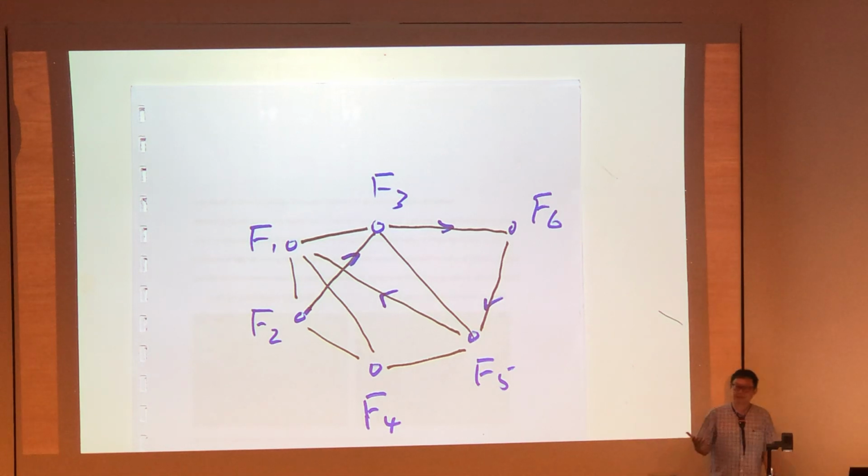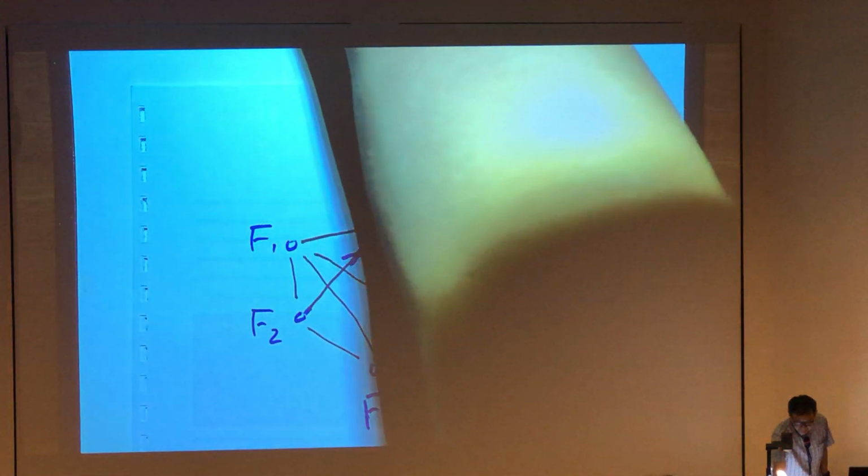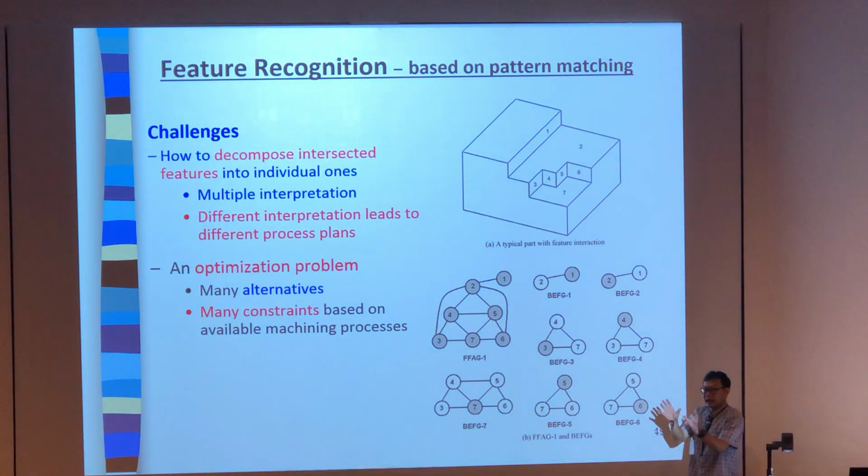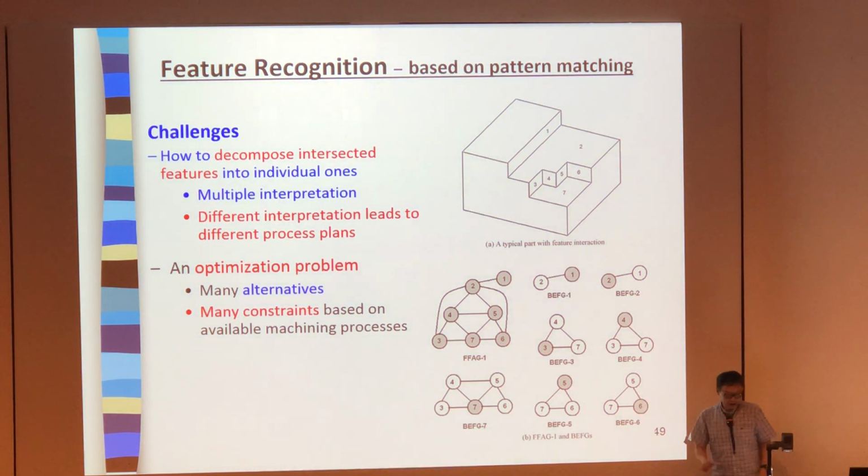But there is a problem here. In the TSP problem, there's no such issue. But here we do have what we call the precedence relationship, which is a kind of constraint. In some cases, the sequence of machining two features may not be reversible. I'll show you this example.